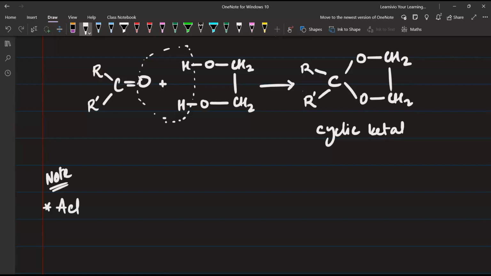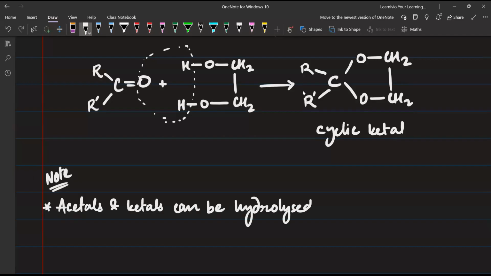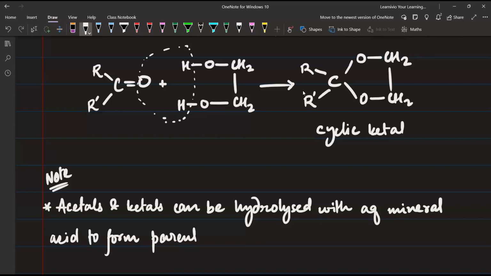Acetals and ketals can be hydrolyzed with aqueous mineral acid to form the parent aldehyde or ketone.